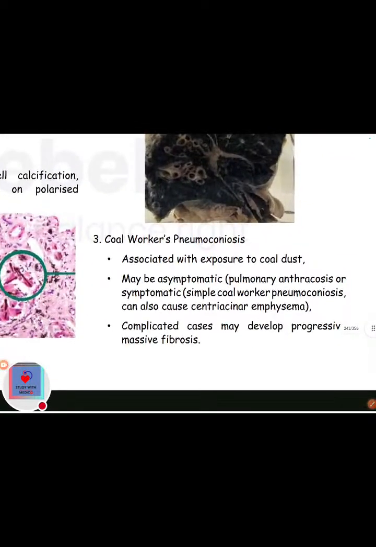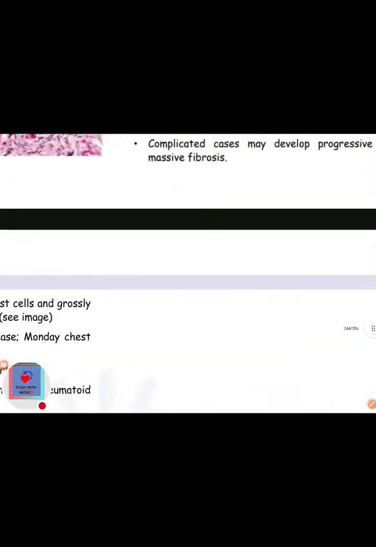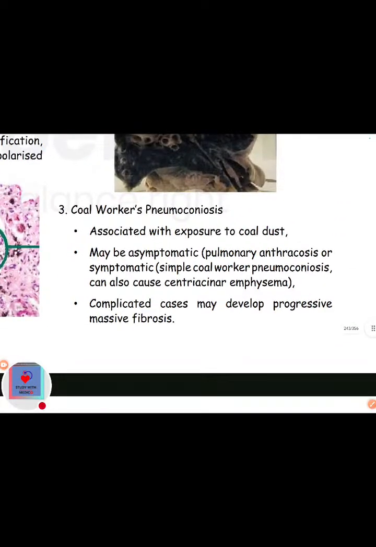Coal workers' pneumoconiosis is associated with exposure to coal dust.